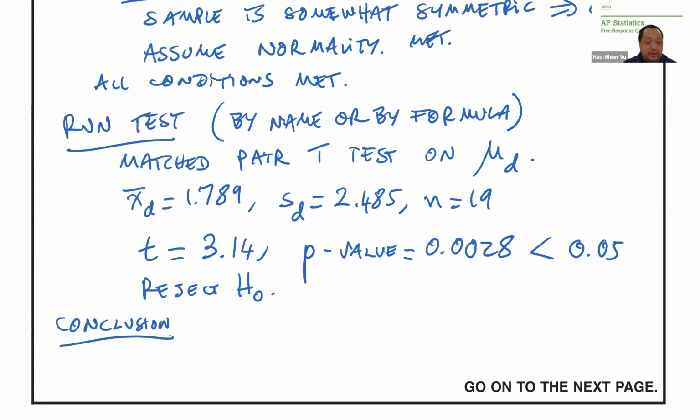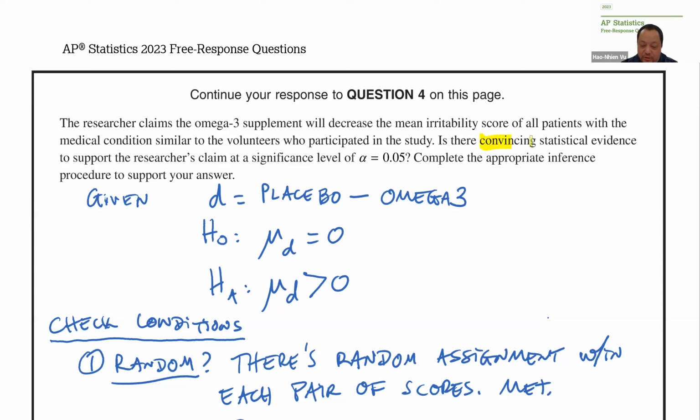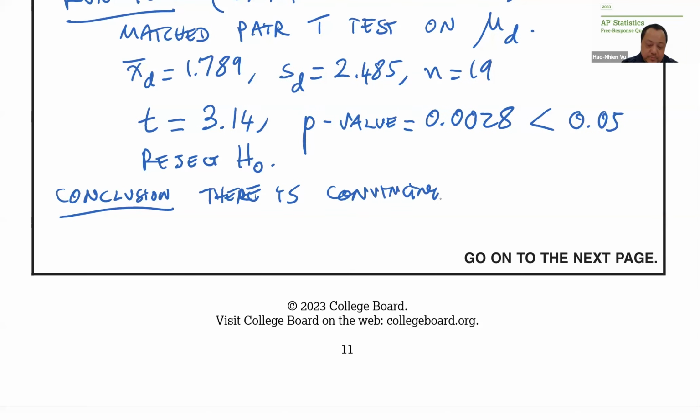Now the last step is to write the conclusion in context. When you reject H naught, then there is sufficient evidence that HA is true. I usually write there is sufficient evidence, but in this question, they use specific language. So I might as well use their specific language. And then the language that follows this spot should be an English translation of the alternative hypothesis HA.